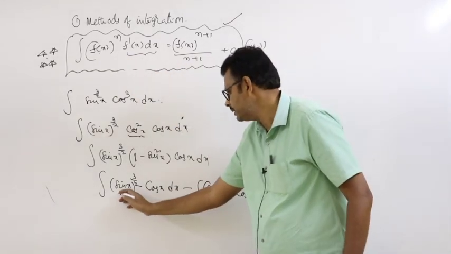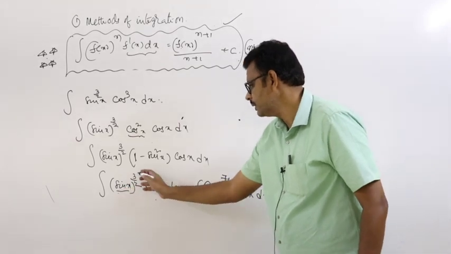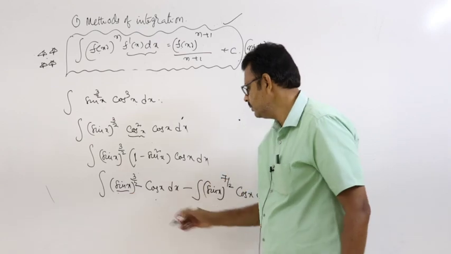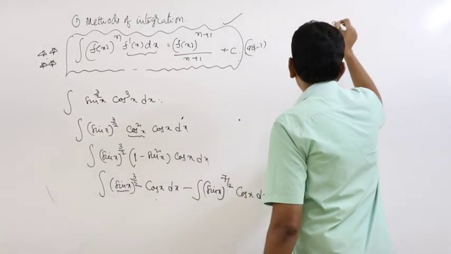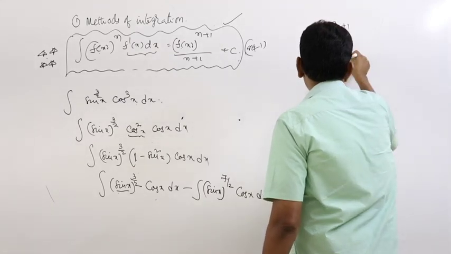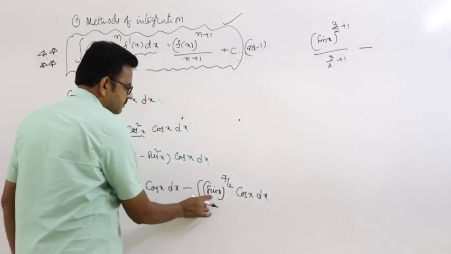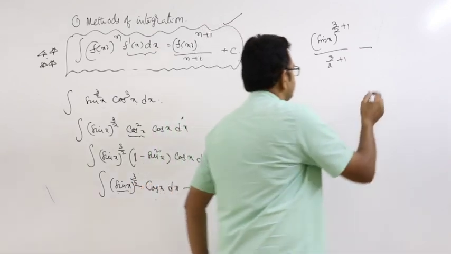So, this is sin x, derivative cos x. Now, this is f of x whole power n into f dash x. So, f x whole power, that is sin x whole power 3 by 2 plus 1 by 3 by 2 plus 1. There also the derivative of sin x is cos x, f x whole power n into f dash x.